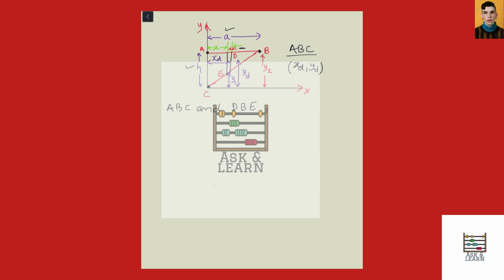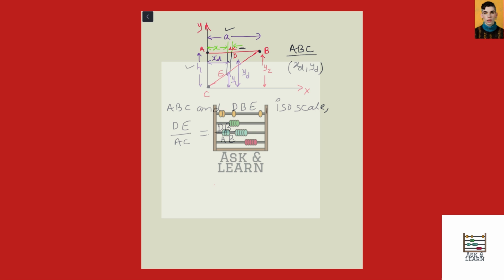Okay, so from the geometry I am taking two triangles ABC and DBE, which are isosceles. From the properties I can write DE divided by AC equals DB divided by AB.